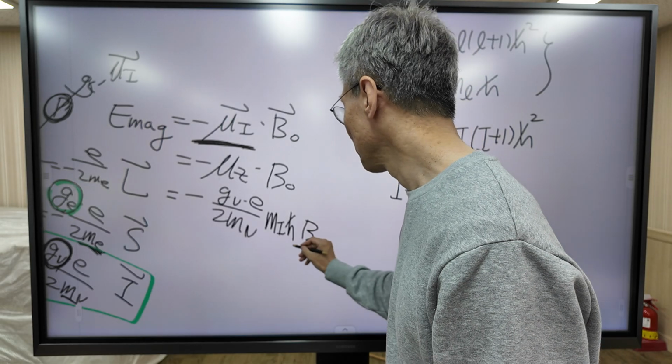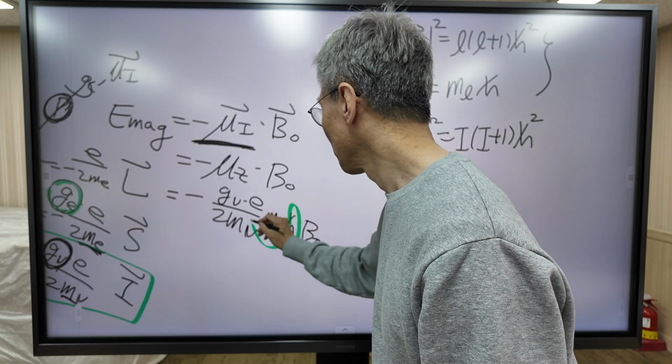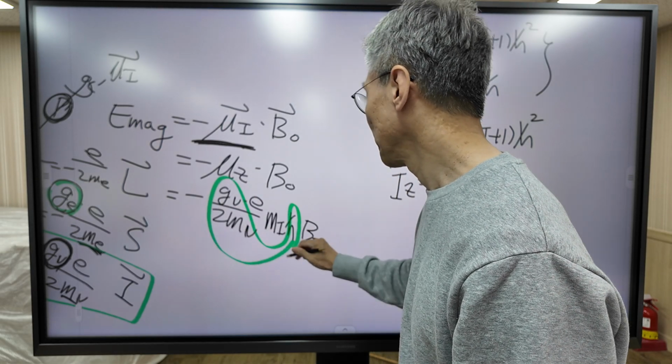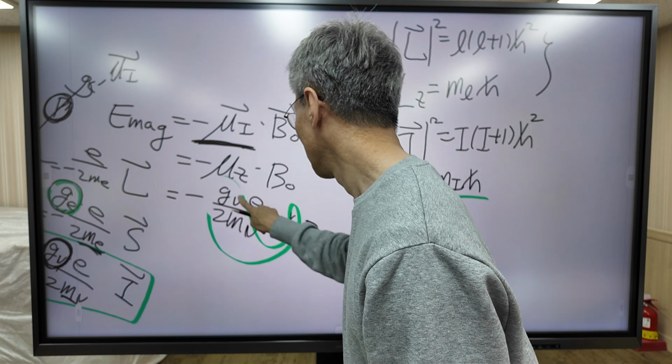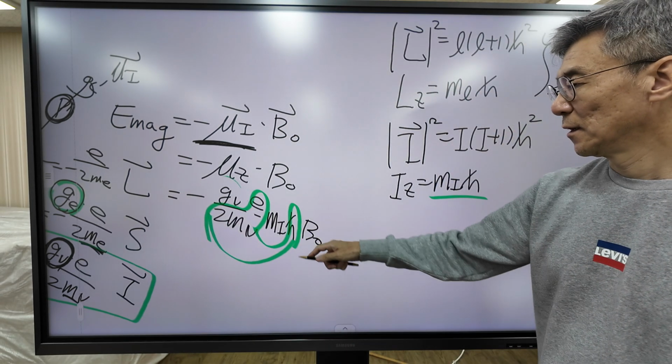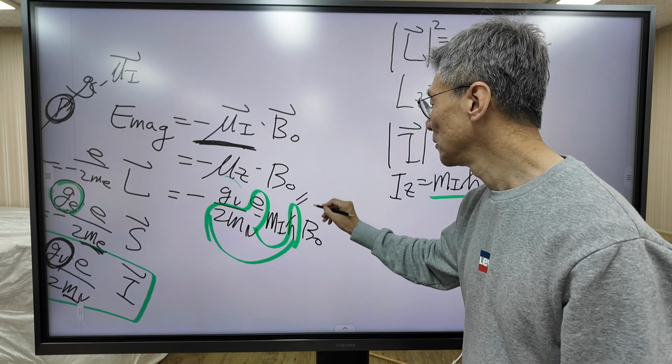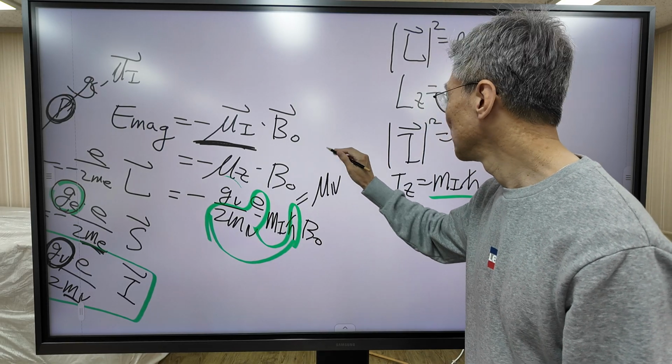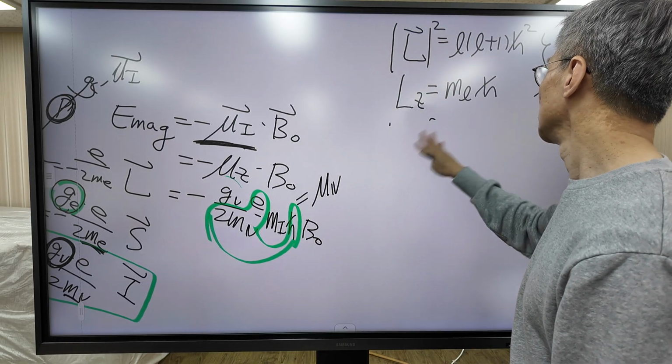Now this one is called mu N. It's called the nuclear magneton.